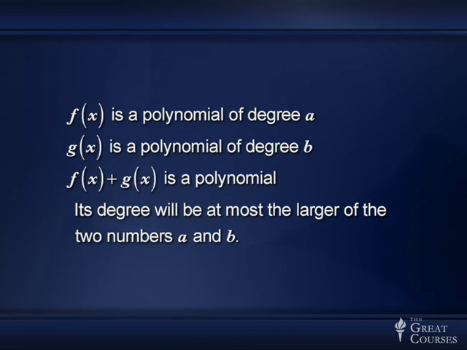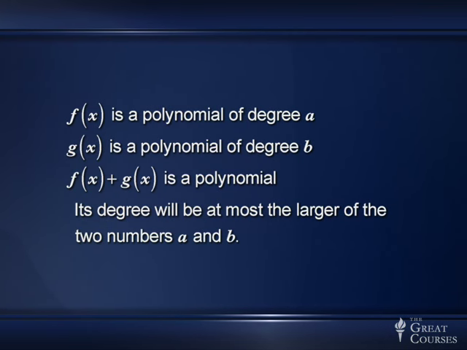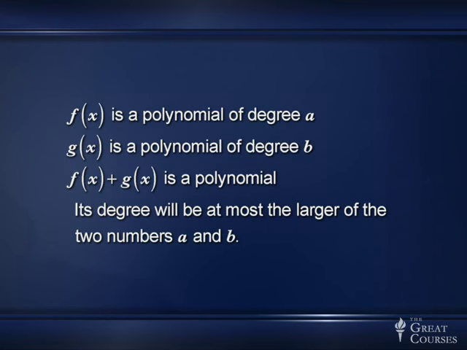In fact, most often the degree of f of x plus g of x will be exactly equal to the larger of either a or b. So for example, when we started with the two polynomials of degree 4, we ended up with another polynomial of degree 4. And when we started with a polynomial of degree 4 and another polynomial of degree 3, the final answer had degree 4, because 4 is larger than 3.